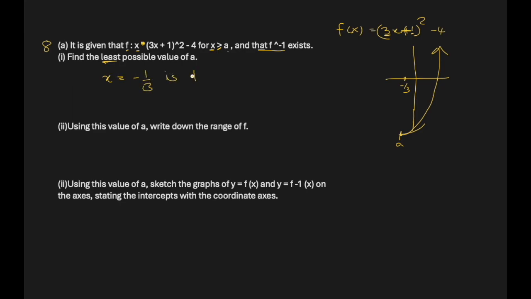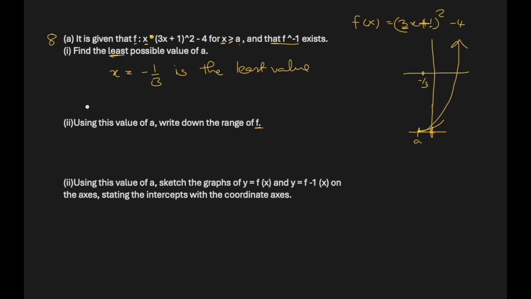Okay, using this value of a, write down the range of f, and this y value we already know, which is -4. So range becomes f(x) is greater than or equal to -4.